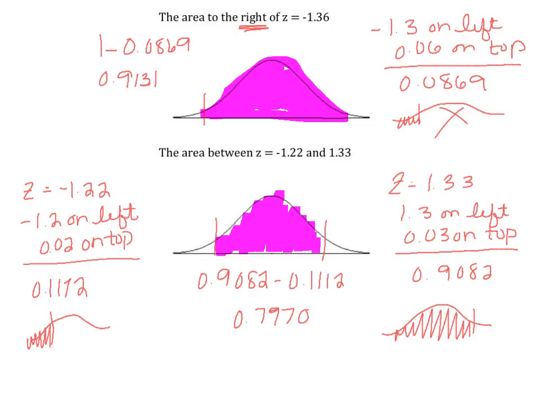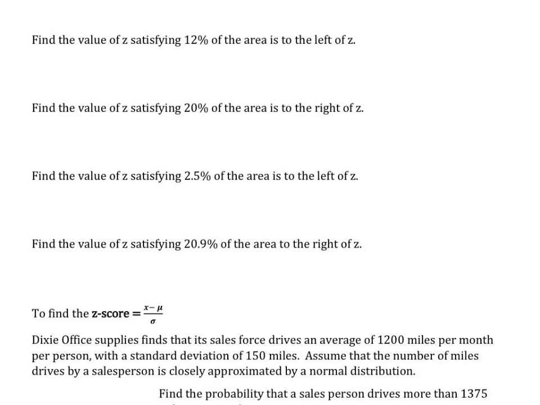So another way we can find probabilities. So let's go backwards and let's find the value of z satisfying. And I'd like you to please change this from 12% to 12.1%. That'll help us in the back of the book at the table. So we want to shade to the left, and it's automatically shaded to the left when we find the z-score in the back.